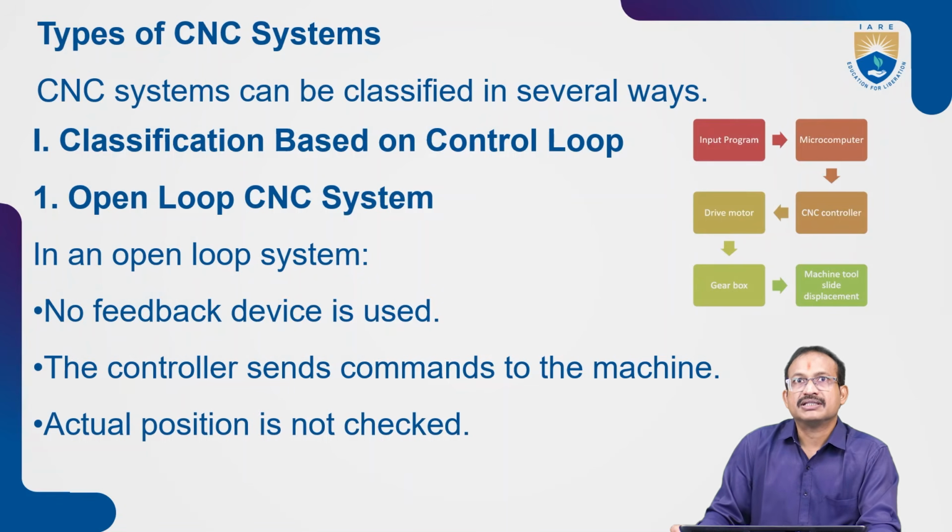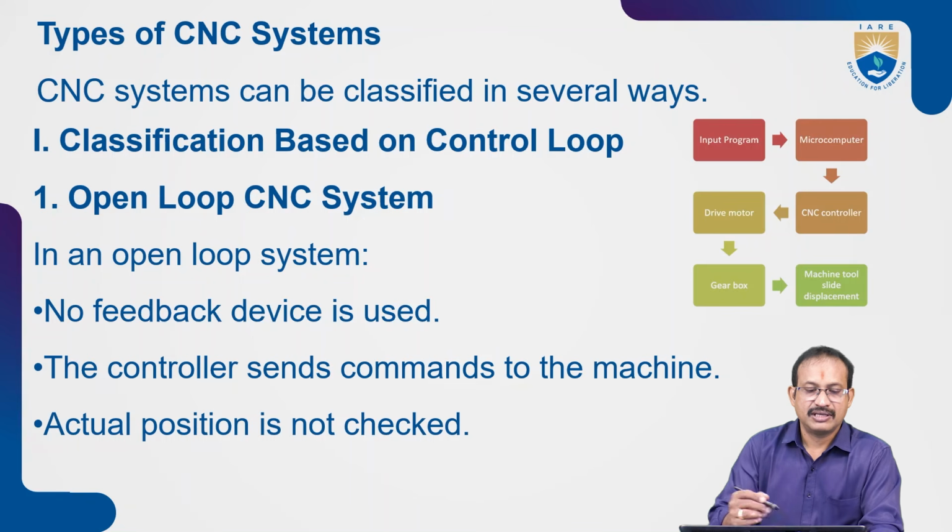Types of CNC systems. CNC systems can be classified in several ways. Classification based on control loop: the open loop CNC system.